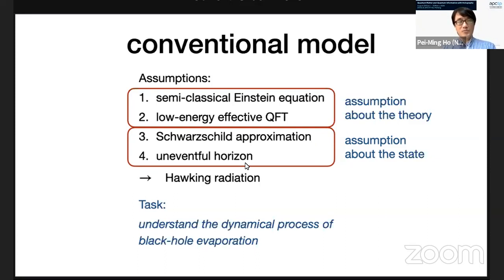So it's a pretty well-defined question. And then the task is to understand in detail the dynamical process of black hole formation and evaporation, and to check whether there is a high energy event. But we are not using the information loss paradox to introduce high energy events by hand, or to introduce anything beyond low energy effective theory by hand.